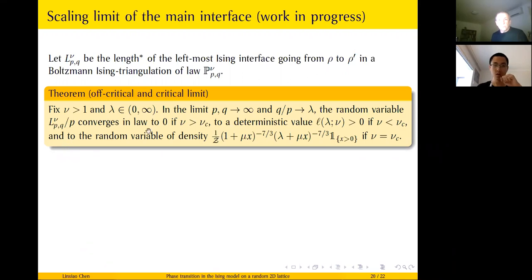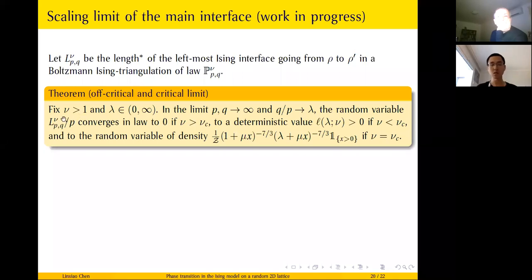And finally, if we are exactly at the critical point, then the interface length, much to our surprise, also scales linearly, but this time it has an interesting random limit whose distribution has this density.